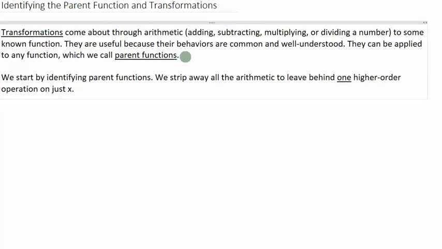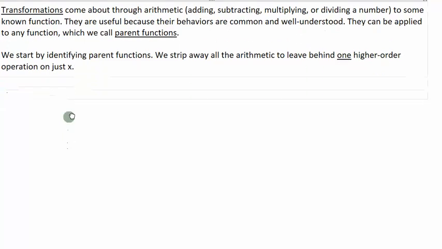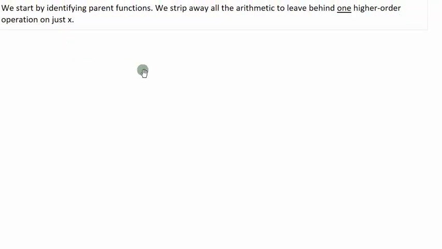Okay, so when I say arithmetic, again, I mean add, subtract, multiply, divide. Those are not higher order operations. Square root, absolute value, those types of things are higher order operations. Let's see if we can practice this. I'm going to list several functions, and then we're going to go through and identify the parents.